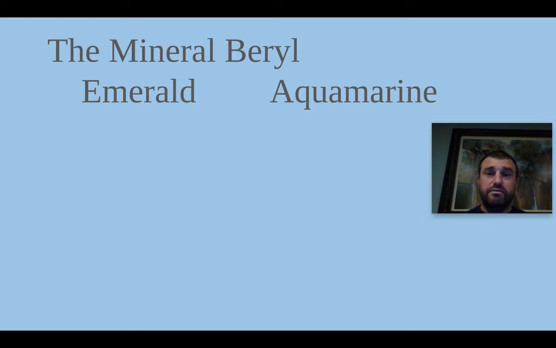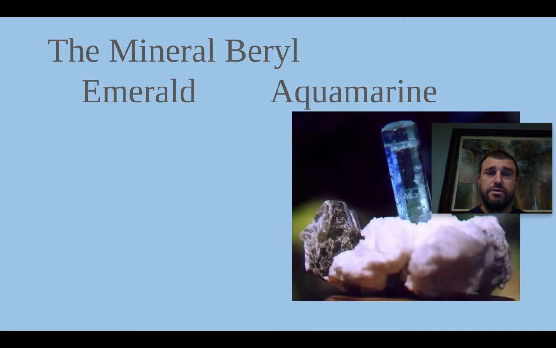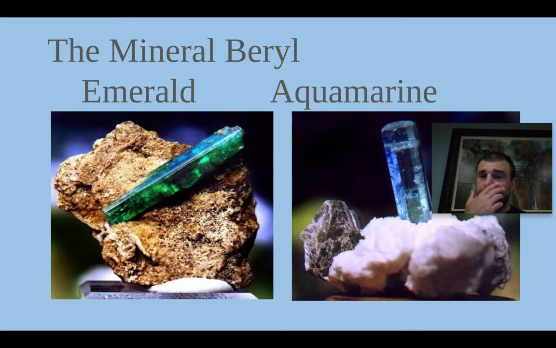And if it's green variety of beryl, it's called emerald. And if it's the blue variety, it's called aquamarine. But everything else about the 2 gemstones is exactly the same. Okay, the only thing different about them is their color. So you never want to go by color.